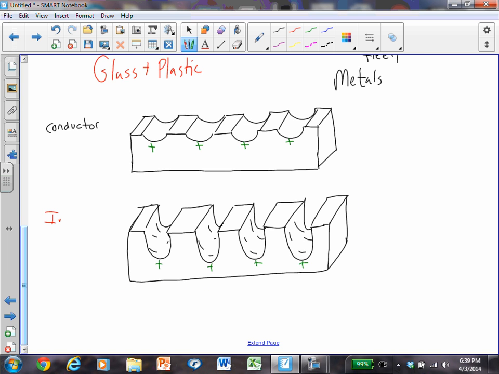They both have the positive center representing the nucleus, the positive nucleus of atoms, and then the valence electrons around in the wells. The conductor has a shallow well compared to the insulator. The insulator has a deep well.